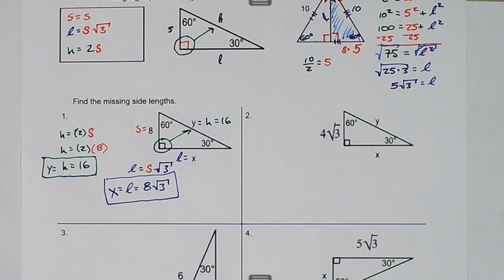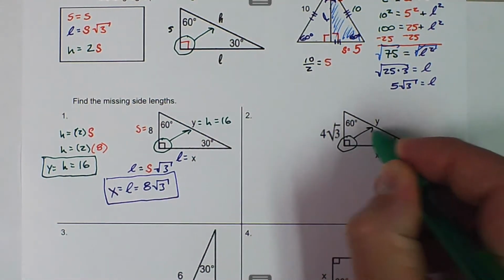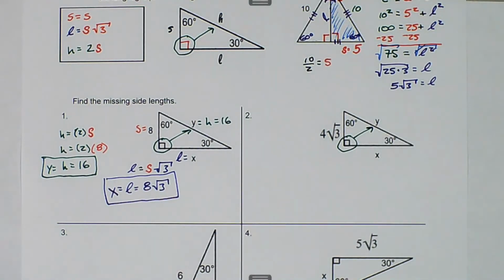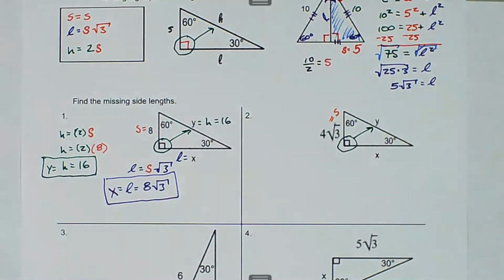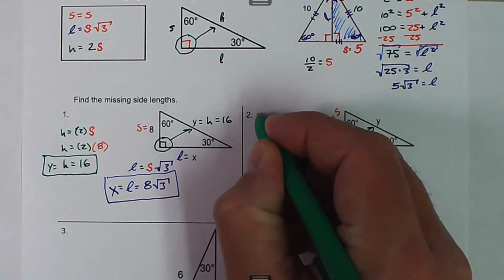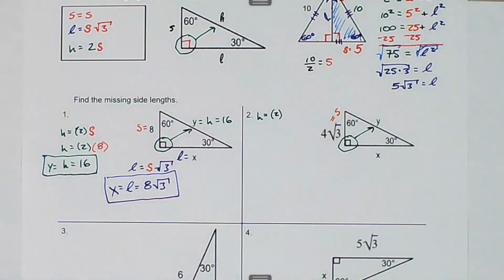Next one we have another 30, 60, 90 triangle. So we identify the hypotenuse. And again, we are given the short side. So the short side is equal to 4 square root of 3. So we can calculate the hypotenuse, which in this case is going to be the same equation that we used previously, where the hypotenuse is equal to 2 times the short side.